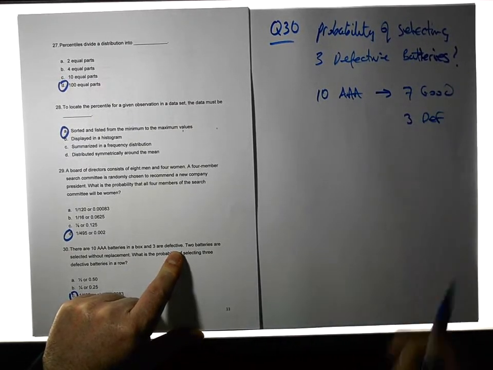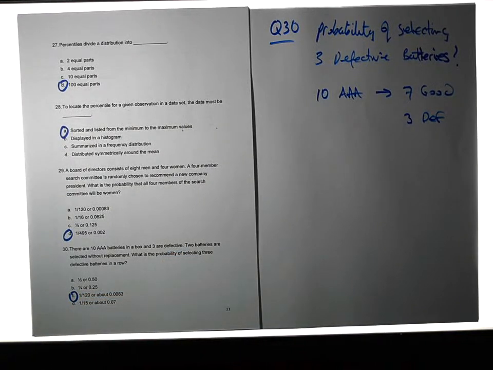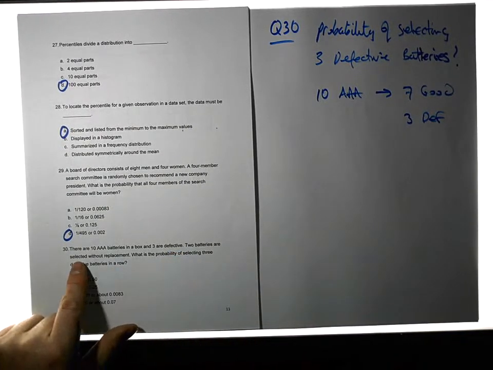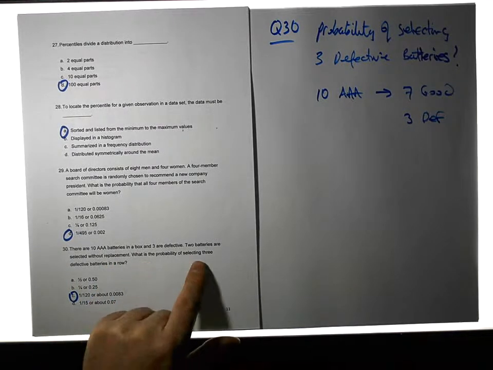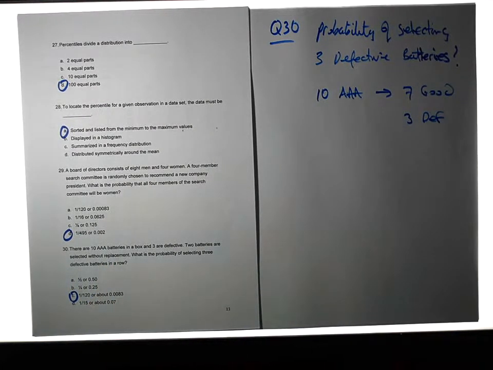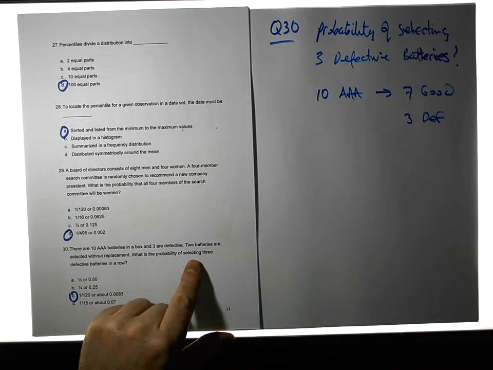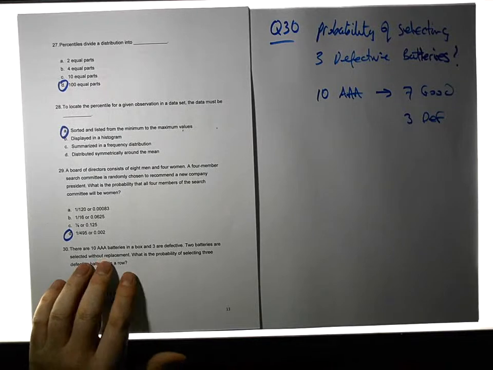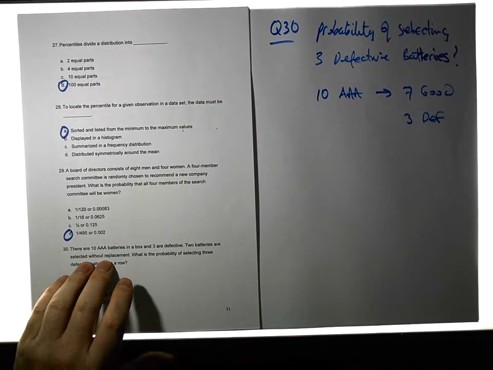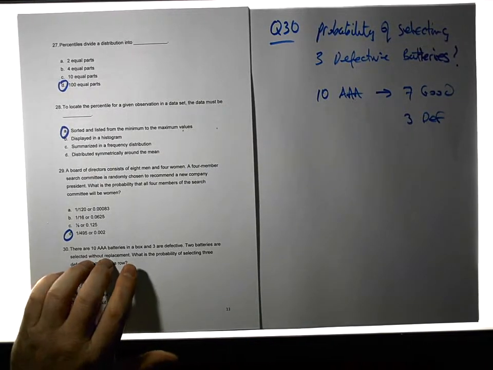And what we know is 2 batteries are selected without replacement. What is the probability of selecting 3 defective batteries in a row? The first 2 were selected without replacement. Brilliant. Now we have dependence coming into play.